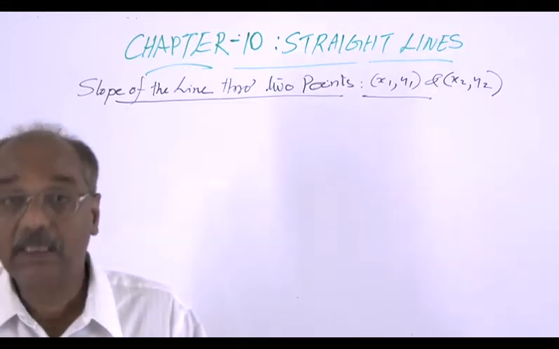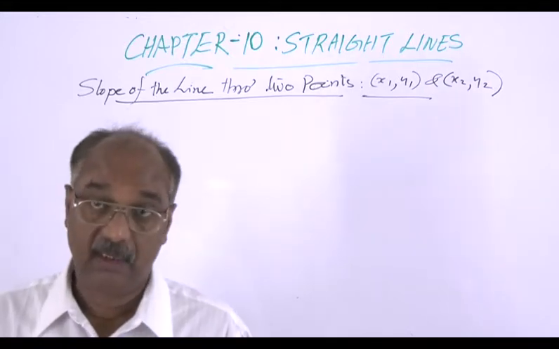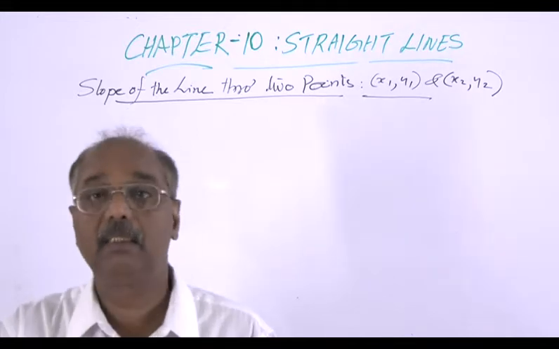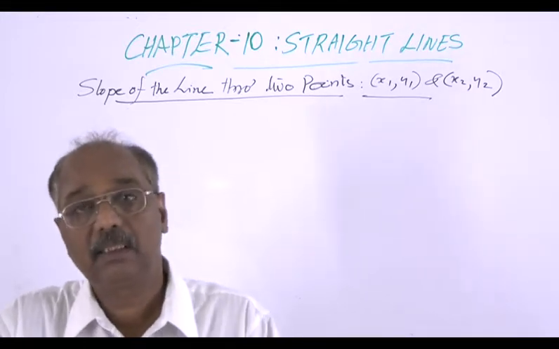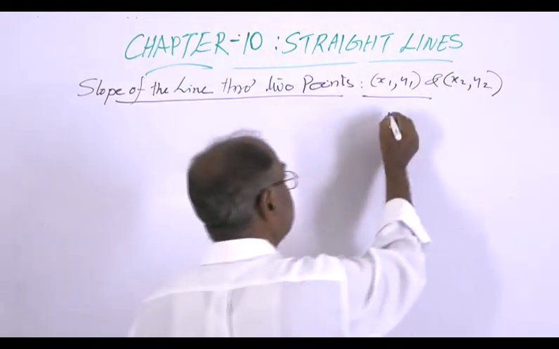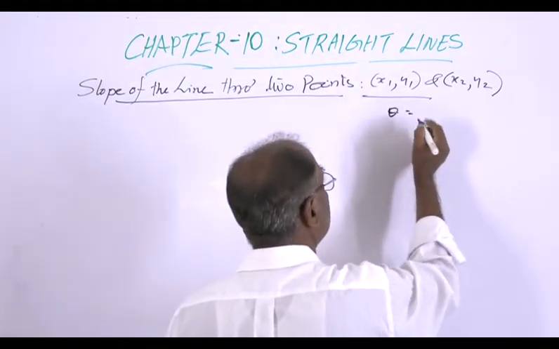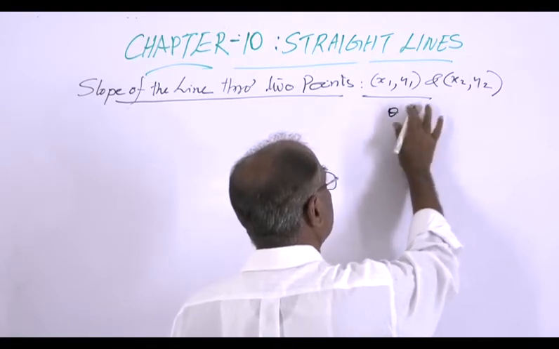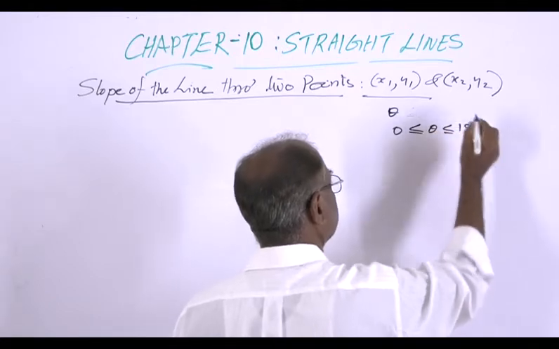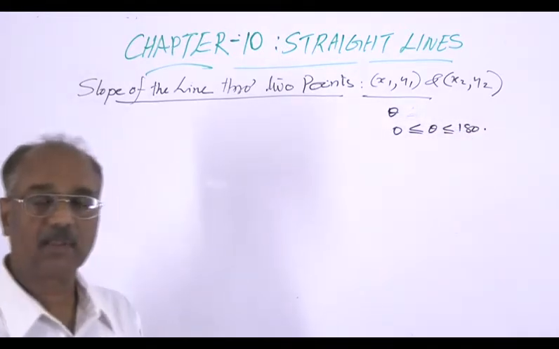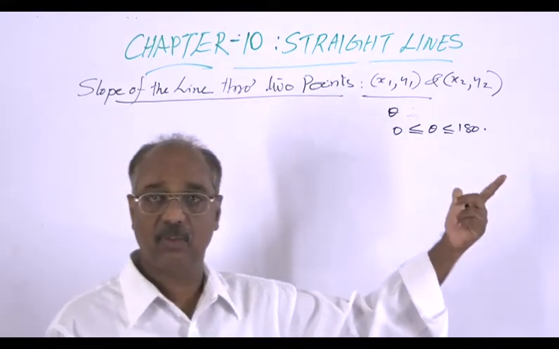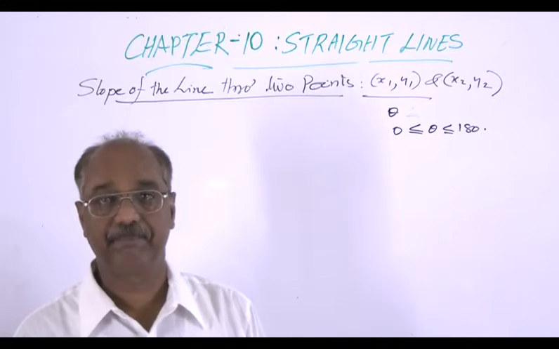And now there come 2 cases. The angle made by the line can be any angle, lying between 0 and 180, so this angle theta is such that 0 is less than or equal to theta less than or equal to 180. And if theta is equal to 90 degrees, we know the slope is not defined.